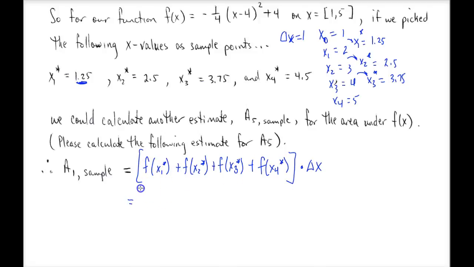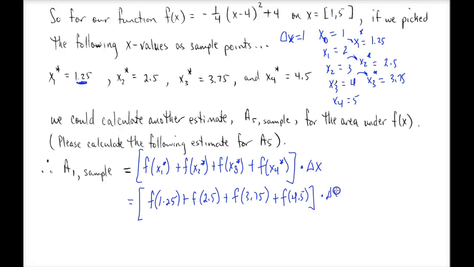And of course, we know that this is going to be f of 1.25, f of 2.5, f of 3.75, and f of 4.5. Add all that up and then multiply it times delta x.